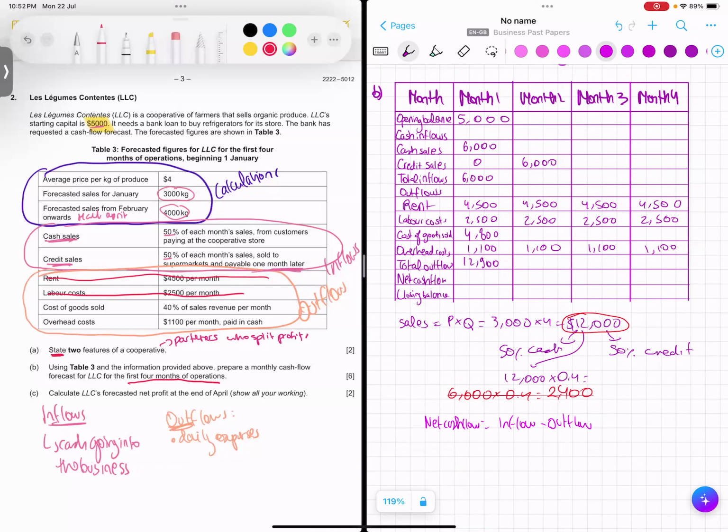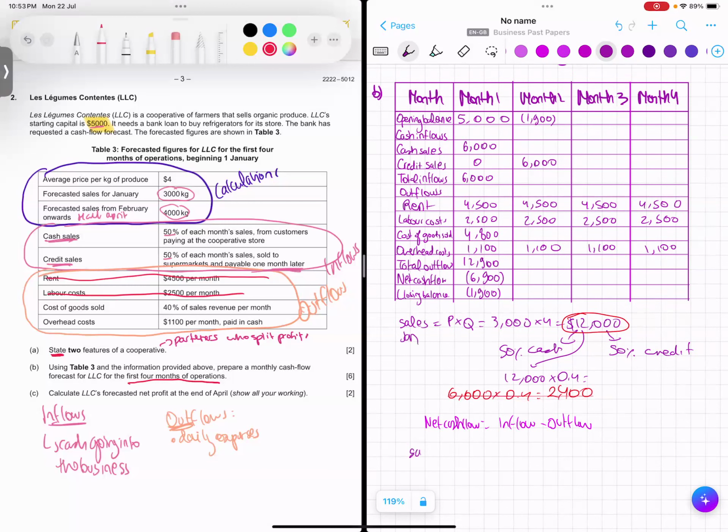Here you're going to get negative 6,900, and everything negative, guys, always write it in parentheses in IB Business Management. Always remember that. So our closing balance is going to be negative 1,900. Our opening balance here is also going to be negative 1,900. Keep that in mind.